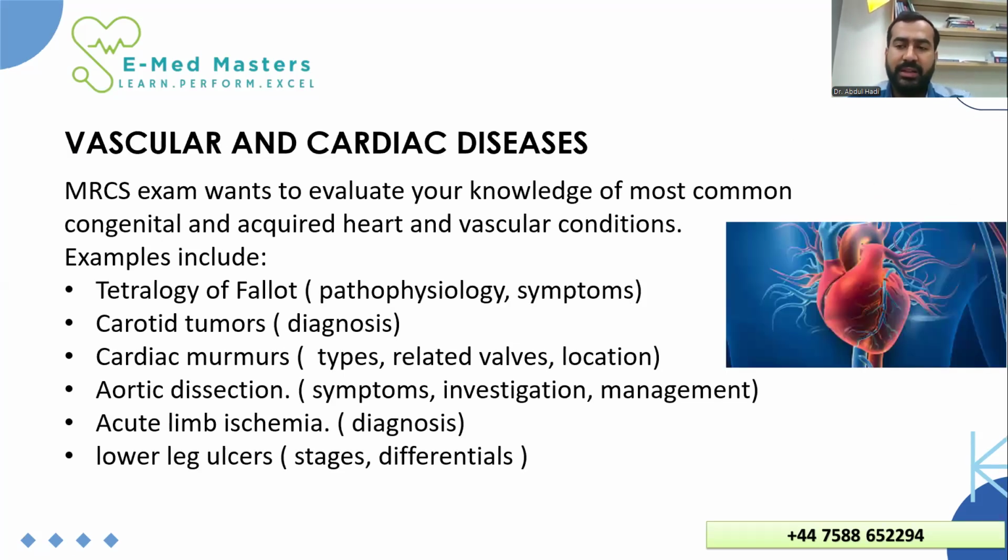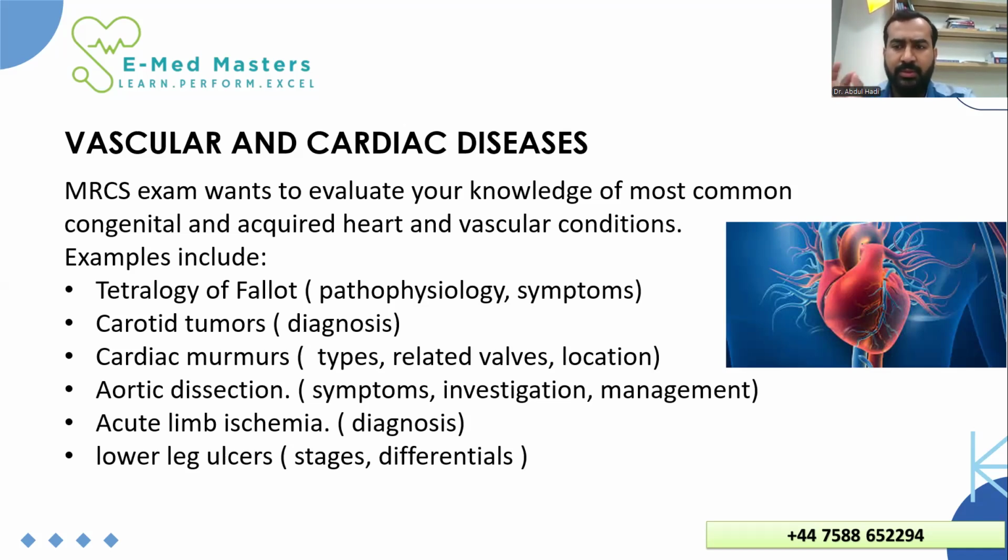Then there are vascular and cardiac diseases. Again, this is another important portion. The MRCS exam wants to evaluate your knowledge of the most common congenital and acquired heart and vascular conditions. The most important congenital condition is cyanotic heart disease, like tetralogy of Fallot. That's a hot favorite question of the exam. If they want to ask you something from the cardiac section, they will ask you about tetralogy of Fallot.